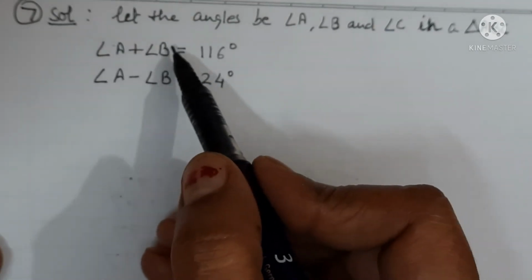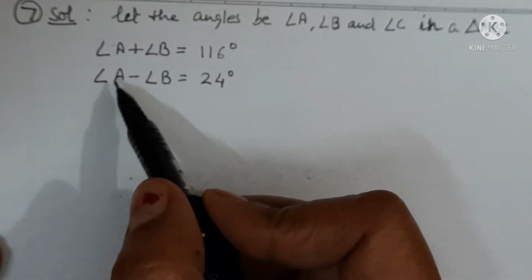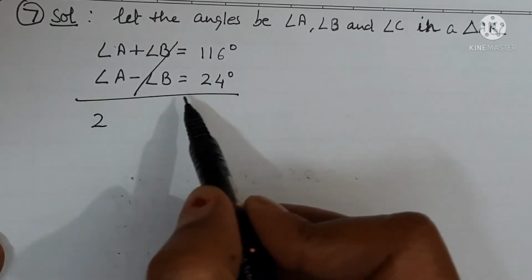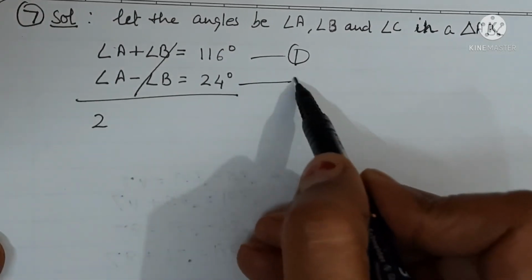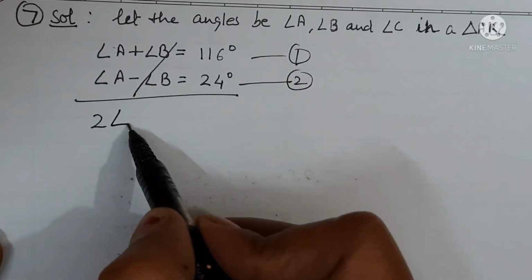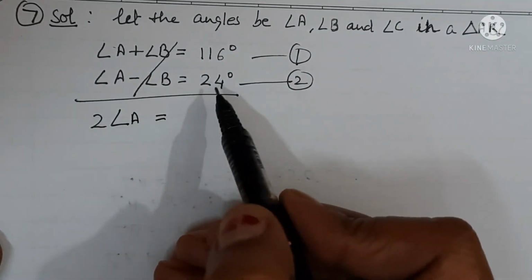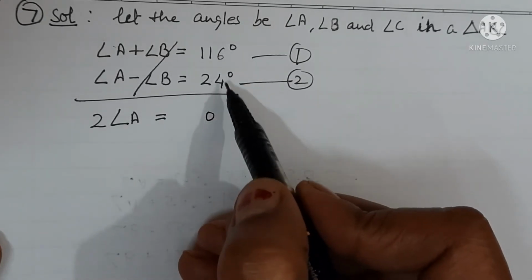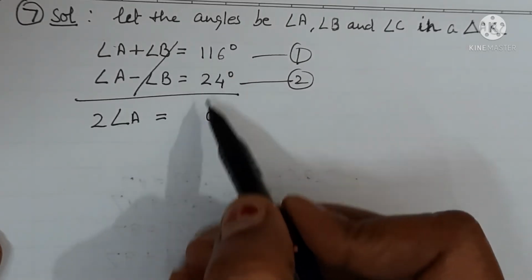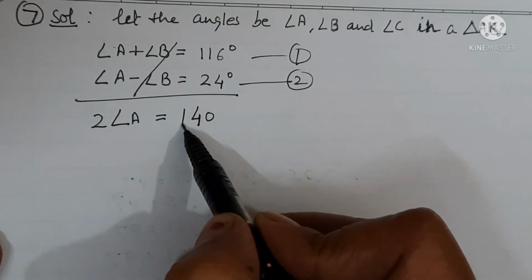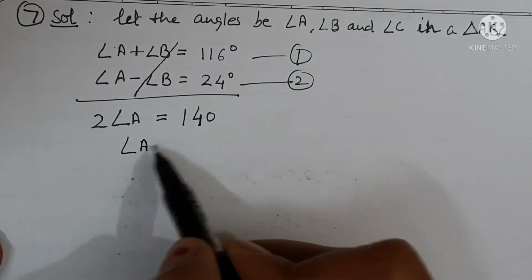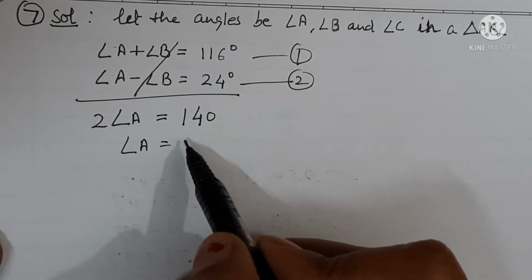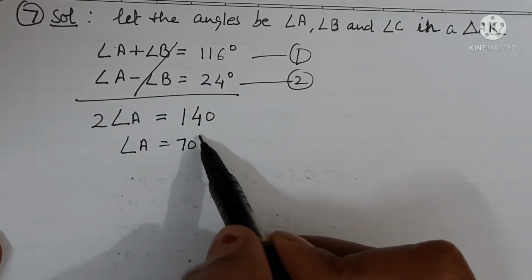Add these two equations, and you will get 2 times angle A. This is equation 1, this is equation 2. 2 angle A is equal to 140, so angle A is equal to 140 upon 2, which is 70 degrees.